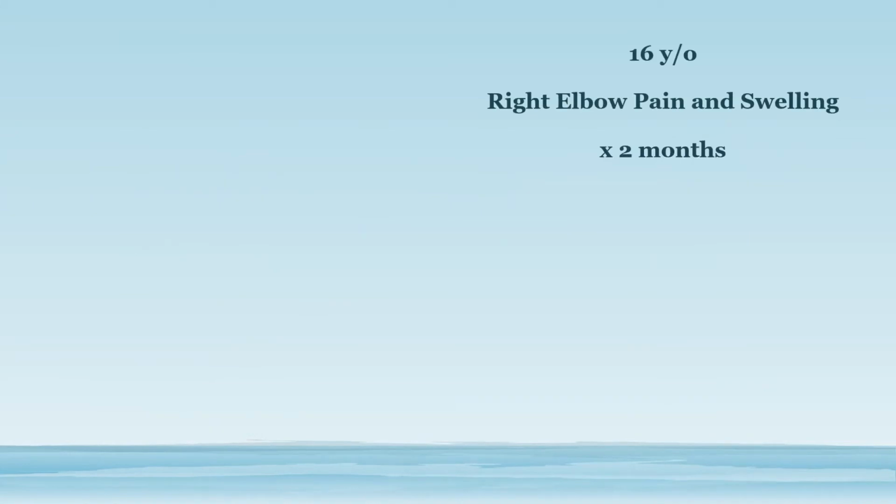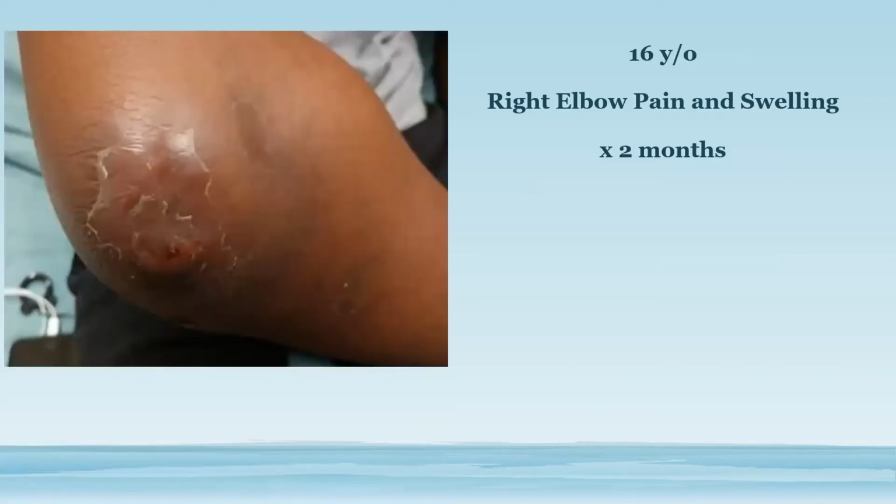And so I know we already gave you a little prelude to this interesting case that we had of a 16-year-old who had 2 months of right elbow pain and swelling. The initial workup did start with this patient's primary care physician. He was afebrile and really was seeking care just because it was starting to interfere with him doing his schoolwork.